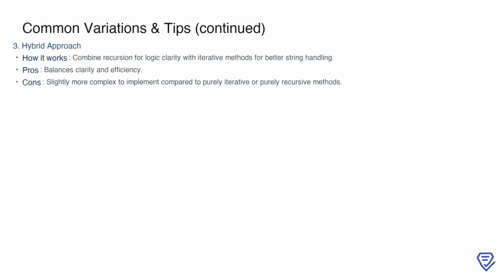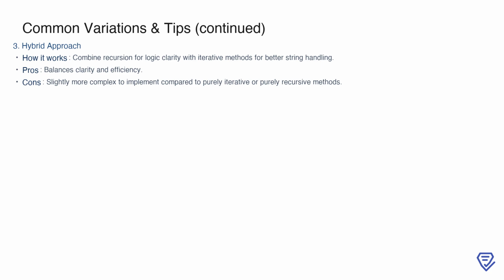Another variation you might consider is the hybrid approach. This combines the best of both worlds by using recursion for logic clarity while relying on iterative methods for efficient string handling. For instance, the recursive structure can determine the pairing logic, while iterative string manipulation ensures performance remains optimal. The main advantage of this approach is that it strikes a balance between clarity and efficiency.